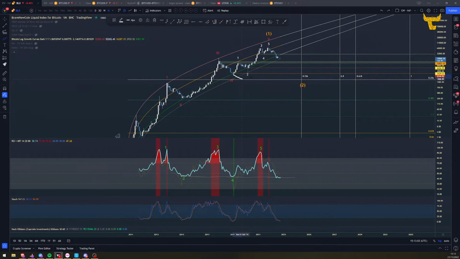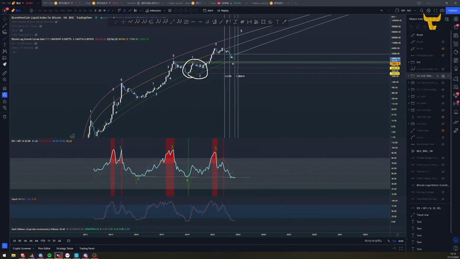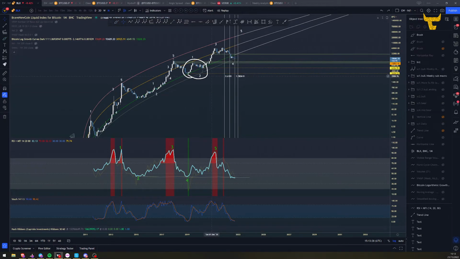Now, as we have quite a different 1-2 here compared to the rest where we have smaller and sideways waves, I think I have the count somewhere. Yeah, 1, 2, 3, 4, 5. Here we really have a quick wave 1, but a very long wave 2 of lower degree. So that's why I'm still considering this to have another leg.